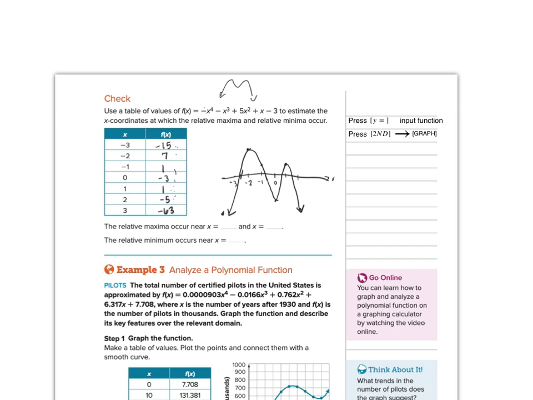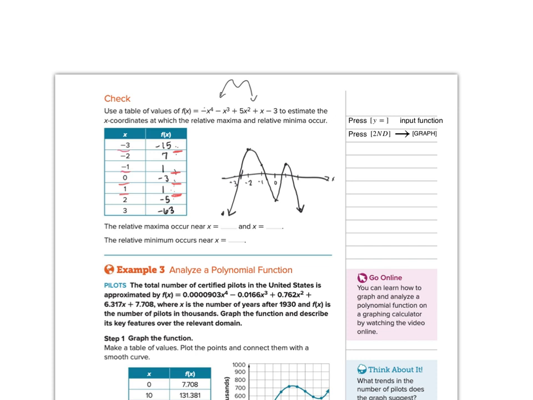So somewhere the relative maximum occurs, and I drew that graph so I could see it, but I can see that I have a change here. So there is an x-intercept, there is an x-intercept, there is an x-intercept, and there is an x-intercept in between these values, because the signs change.